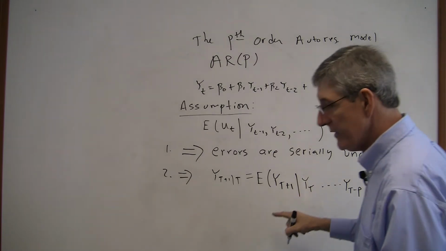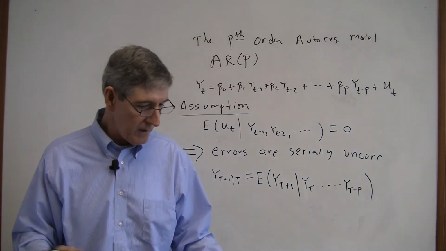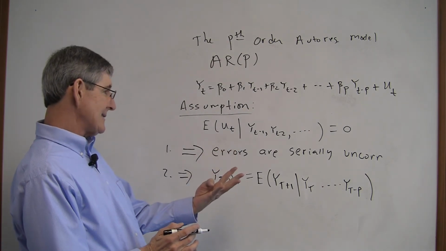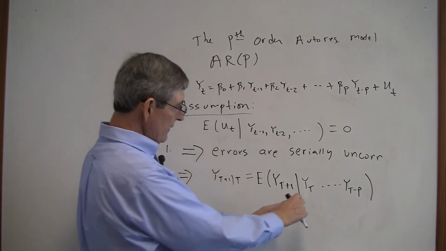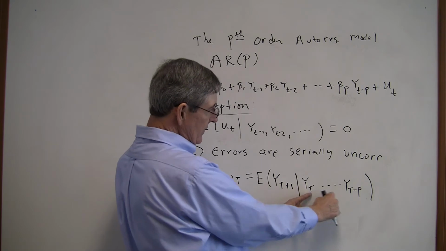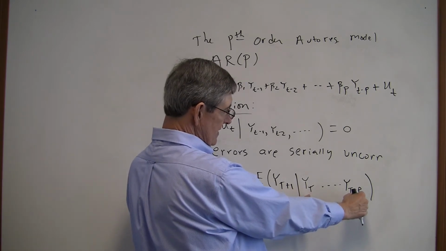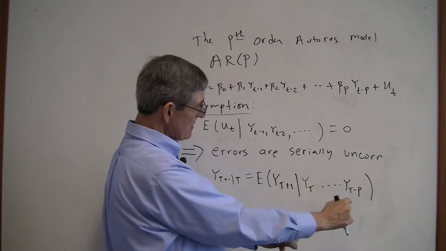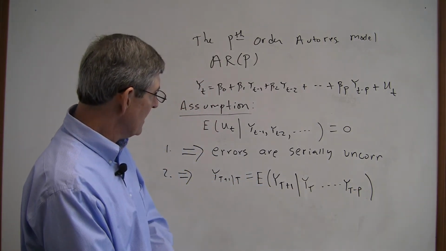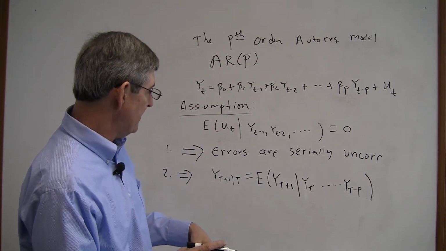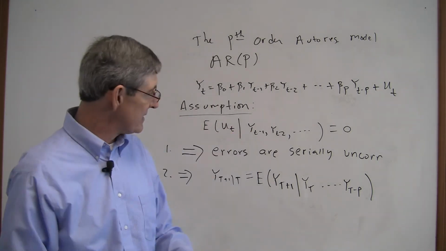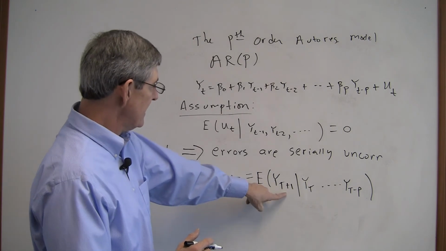So if t were 100, 25 years of quarterly data, and you had 4 lags, this would only require the observations from 100 to 96, t minus 4, because we're using an AR4. So you'd only need those 5 pieces of data, yt, t minus 1, t minus 2, 3, and 4, to estimate this.